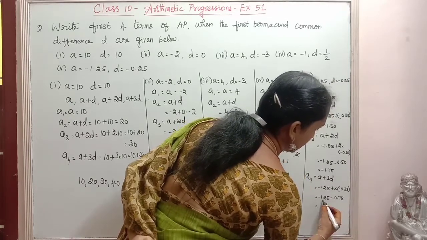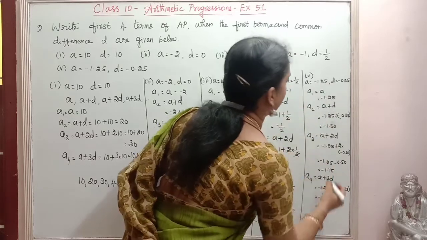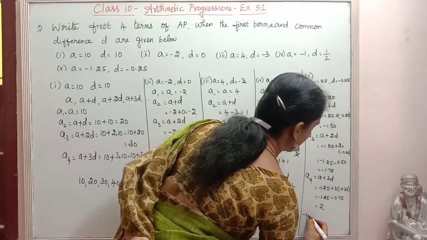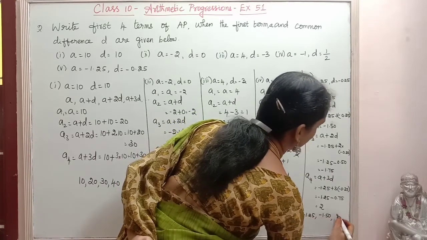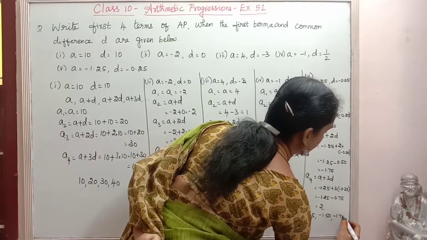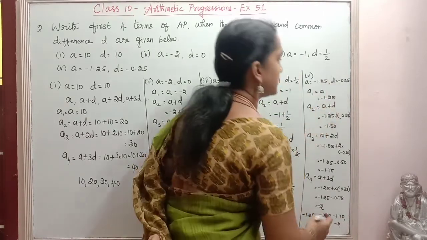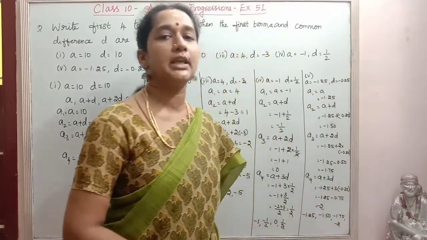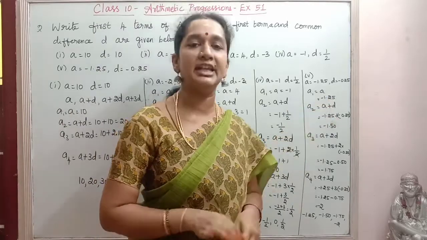So when we add this, we will get 2 here. So the first 4 terms are minus 1.25, minus 1.50, minus 1.75 and then minus 2. So these are the 4 terms for the given A and D values.